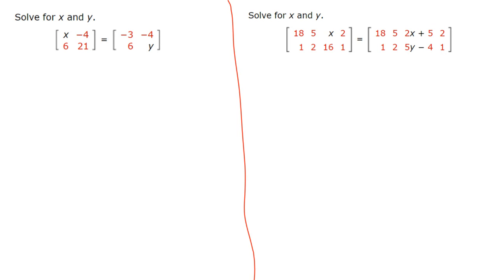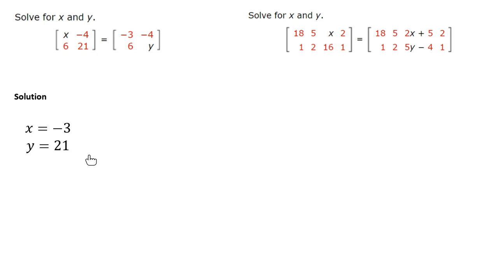So that means since they're equal, whatever I see here has to be here. For example, -4, there's a -4. 6, there's a 6. So this x has to be whatever this is, which is -3. So I'm going to have x is -3 and y is 21.